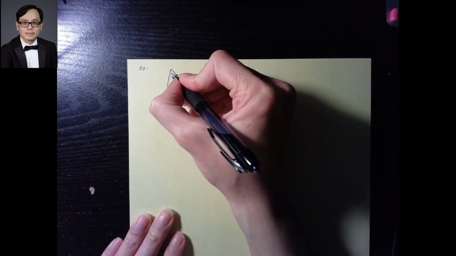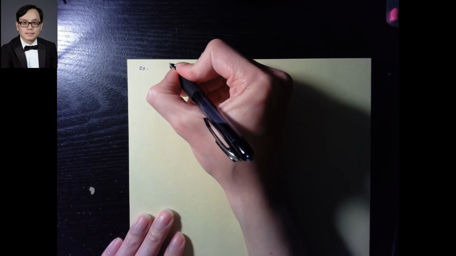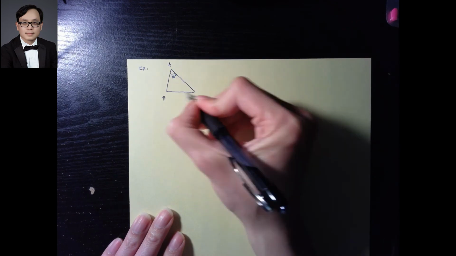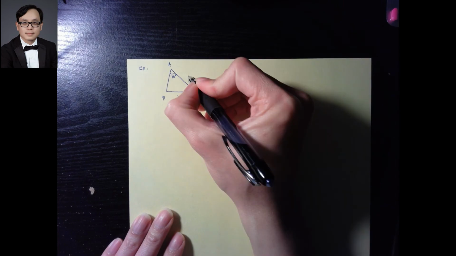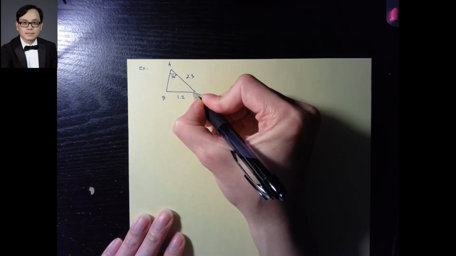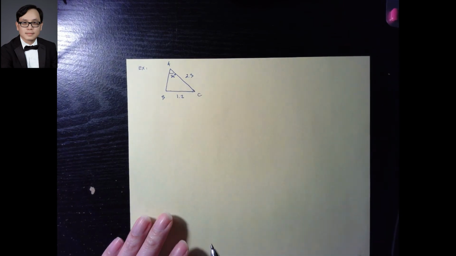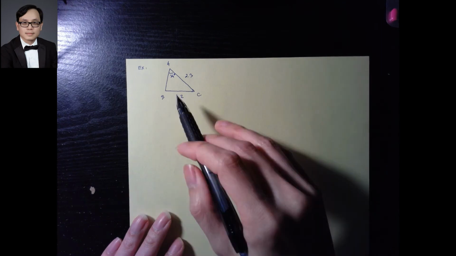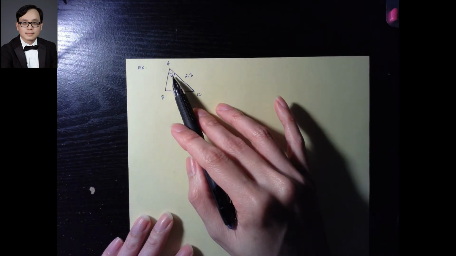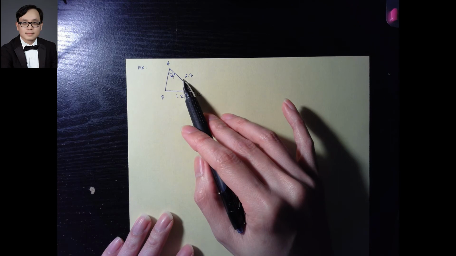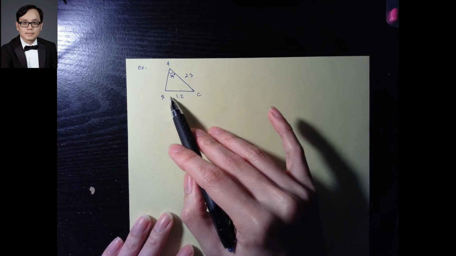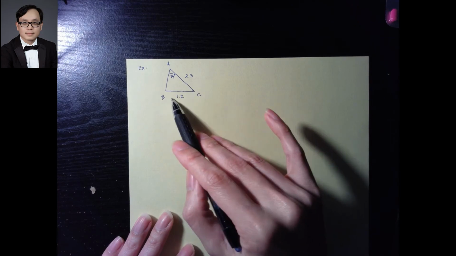So we have 34 degrees, A, B, C. This side is 1.2, this side is 2.3. This is your alpha, this is your B, which is the side opposite of alpha.